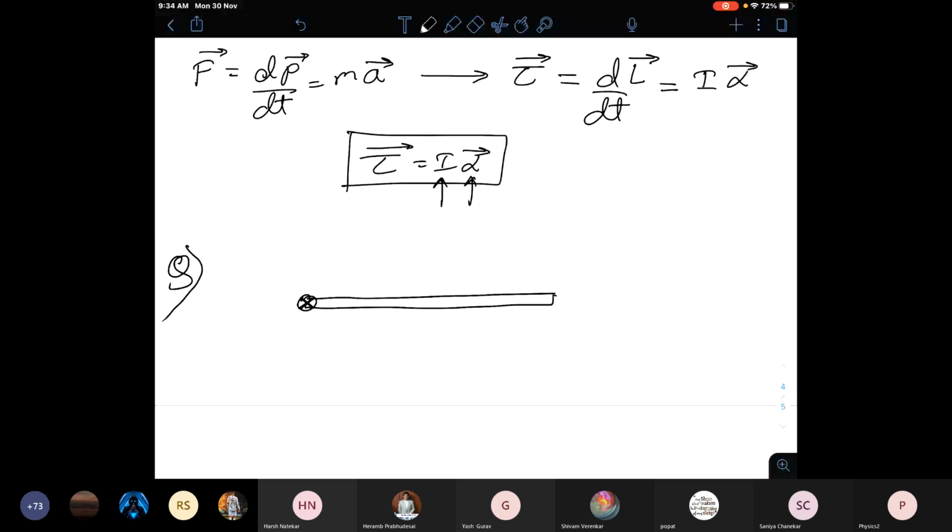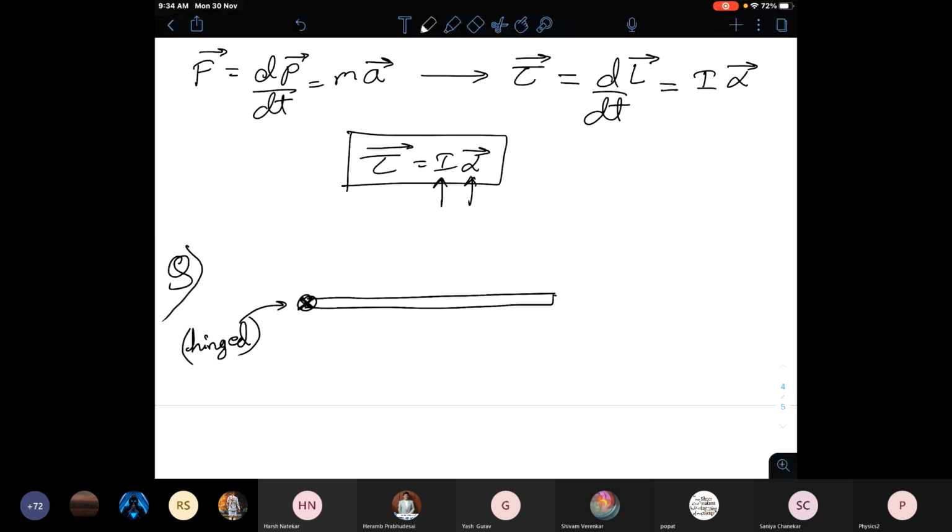Now see here. Whenever on an object I write this cross sign, it means that it is hinged. I guess everybody knows the meaning of being hinged. Your door is hinged to the wall.